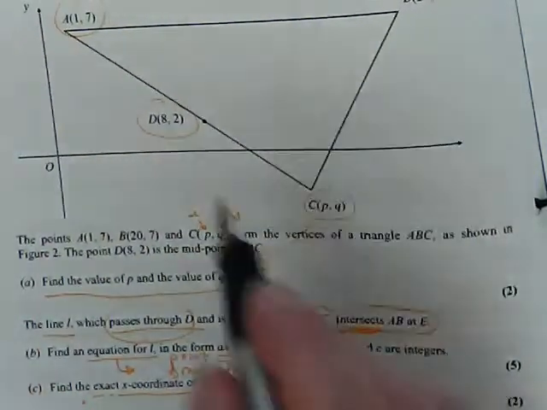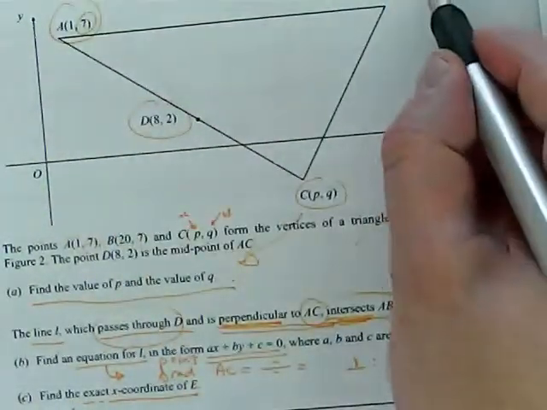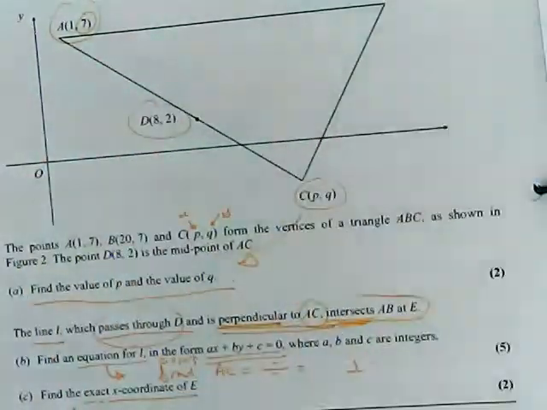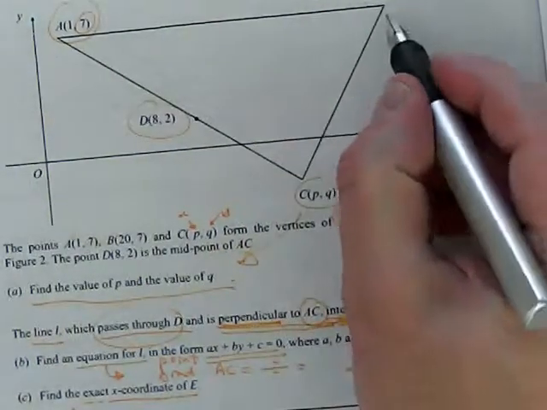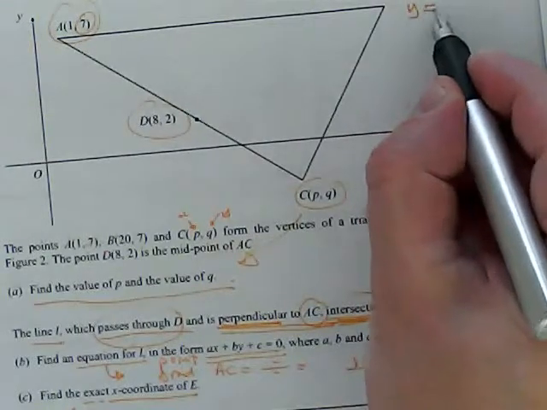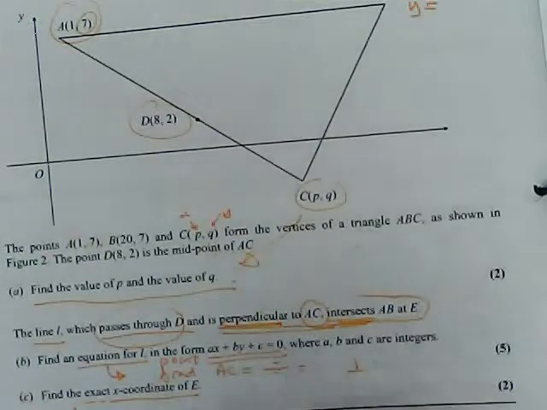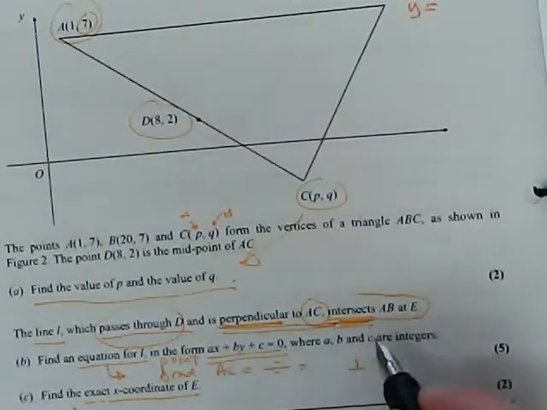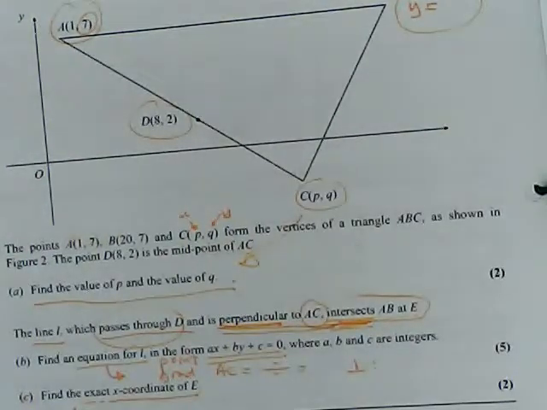Now we haven't got the equation of AB yet, but because this matches this, the line AB has got a very simple equation. Well, it's a horizontal line, so its equation is y equals some value. So intersection, trigger word meaning solve simultaneous equations, but one of those simultaneous equations is just y equals a number.